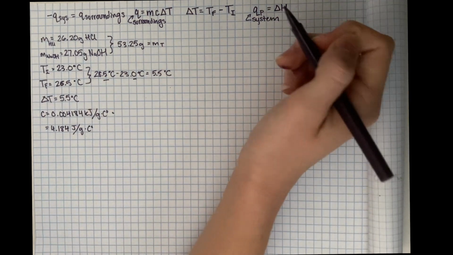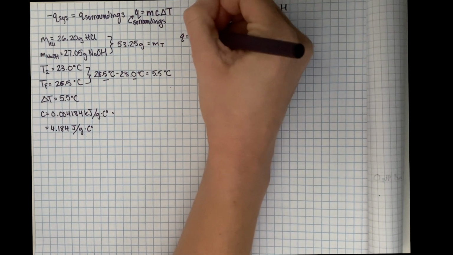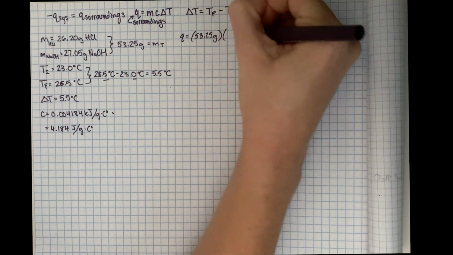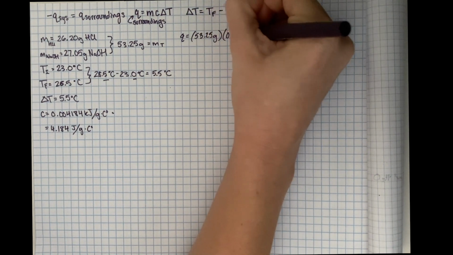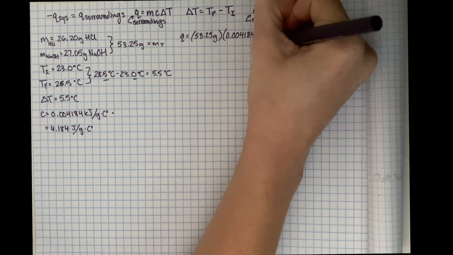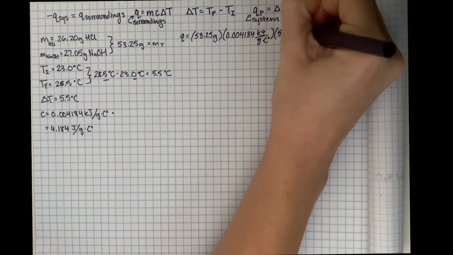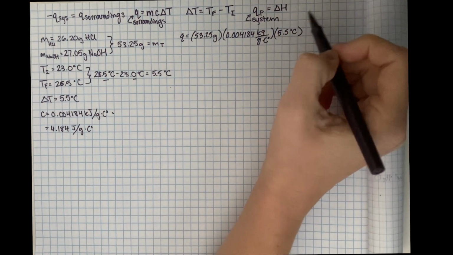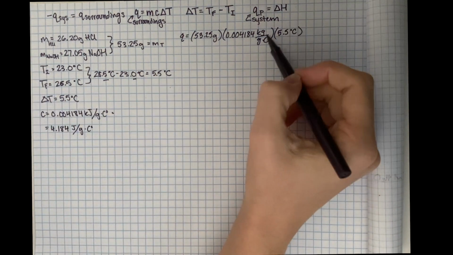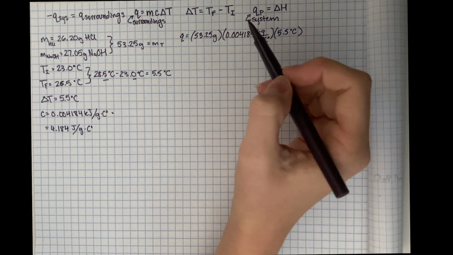So our Q equals mcΔT. We're going to take the 53.25 grams times our 0.004184 kilojoules per gram Celsius times our delta T, which is 5.5 degrees Celsius. Important to note, I always recommend to my students to keep their units in their calculations because it makes it easier for you in the end.